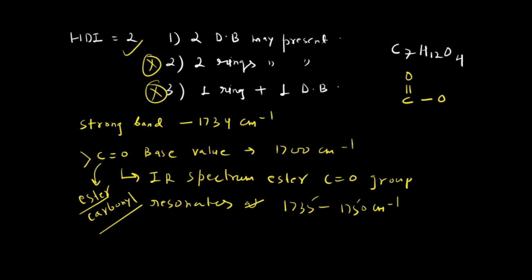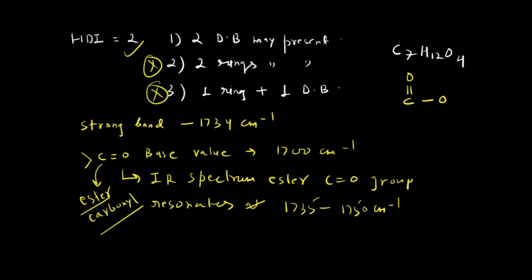You know, the base value of the carbon single bond oxygen is in the range of 1000 to 1300 centimeter inverse, and you have been given the value at 1200 centimeter inverse. That means this functionality is present. So you can confirm this compound is an ester.